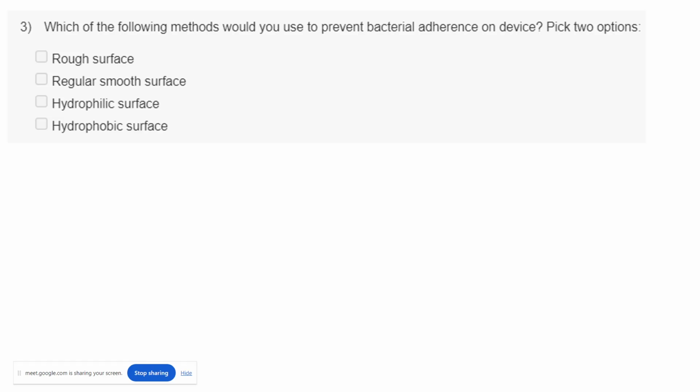Which of these options would you use to prevent bacterial adherence?